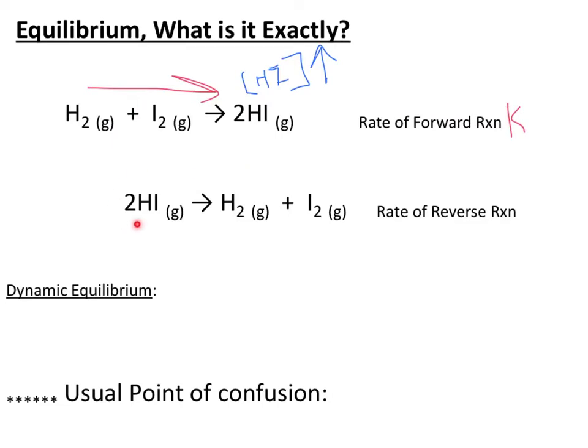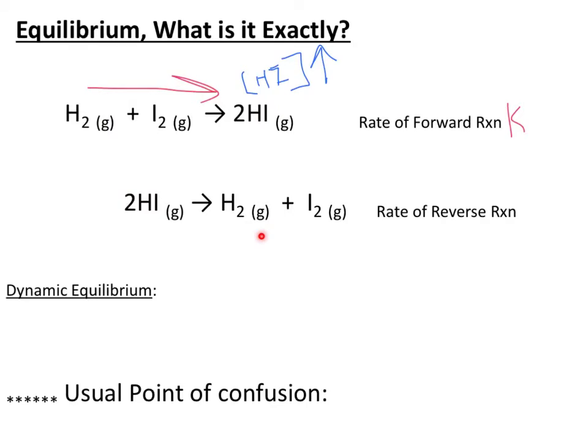Because now you're going to reach a point where this reaction does become non-negligible. Like, it matters. It's going to reach a point where I've got such a buildup of hydrogen iodide that this reaction will occur with some appreciable rate.